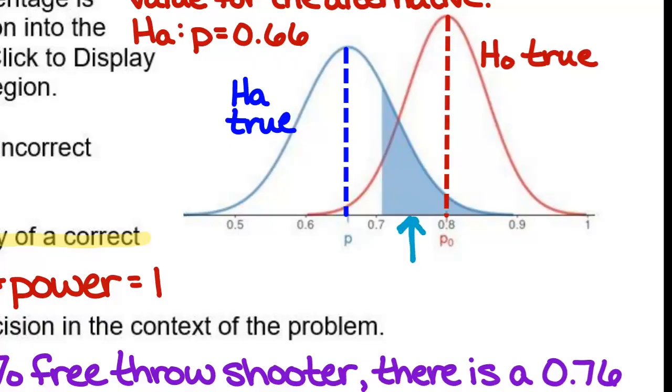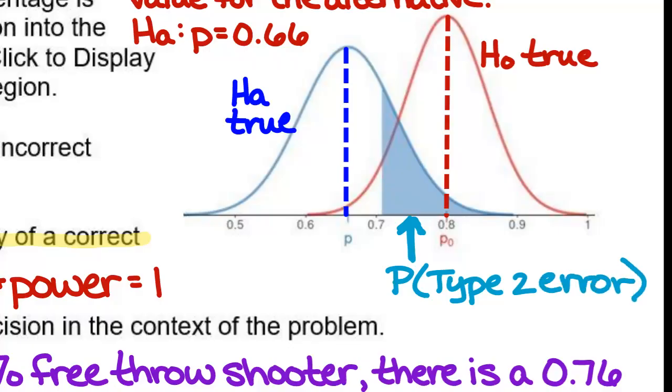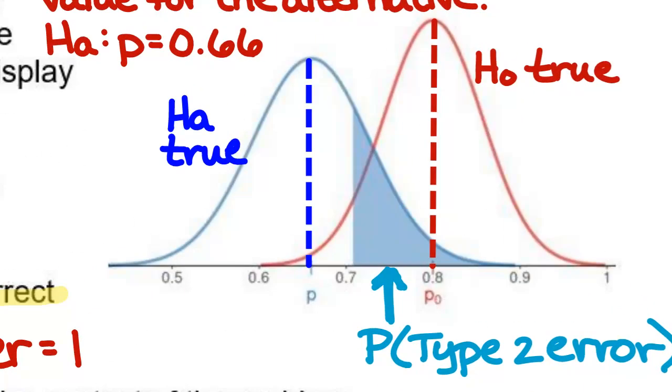This shaded region right here, that is the probability of a type 2 error. The power is this region here.